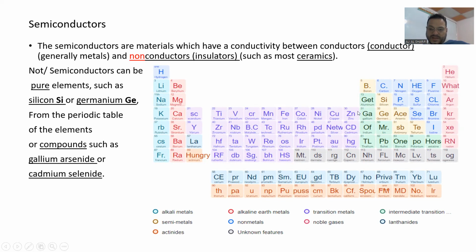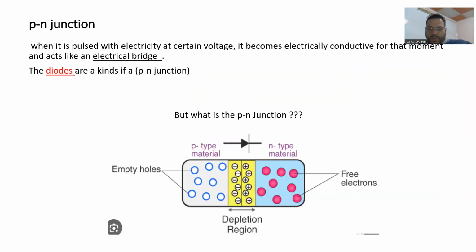For example, in the middle are the transition materials, here alkaline earth, here rare earth materials, and here the semiconductor materials. The semiconductors are of two types: elements or compounds, elements like silicon and germanium, and compounds like gallium arsenide.